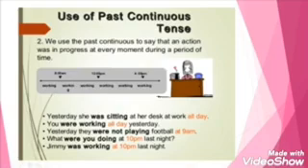Okay, so it's going to be like this. Yesterday she was sitting at her desk at work all day. So she was working. She was sitting all day. You were working all day yesterday.